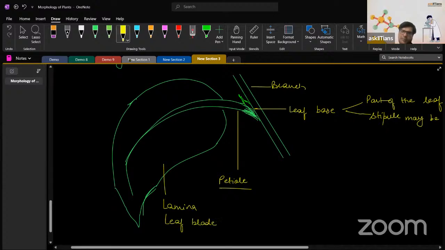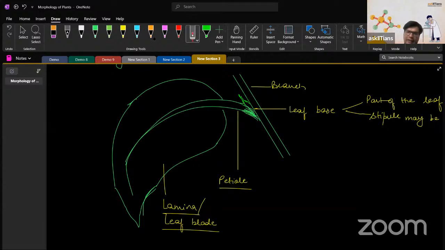Right, that is another name, the lamina or the leaf blade. So, guys, first of all, the lamina is the broad, flat part of the leaf. And it also contains some veins and veinlets, something like this. Let me draw the picture. Actually, I can use a diagram. Just a second, guys. I need a picture.